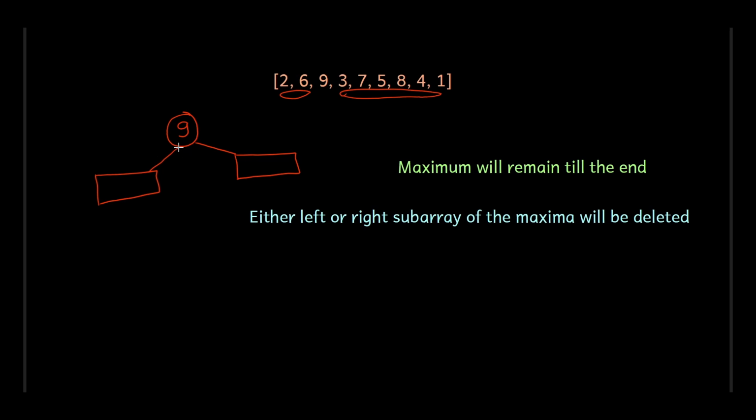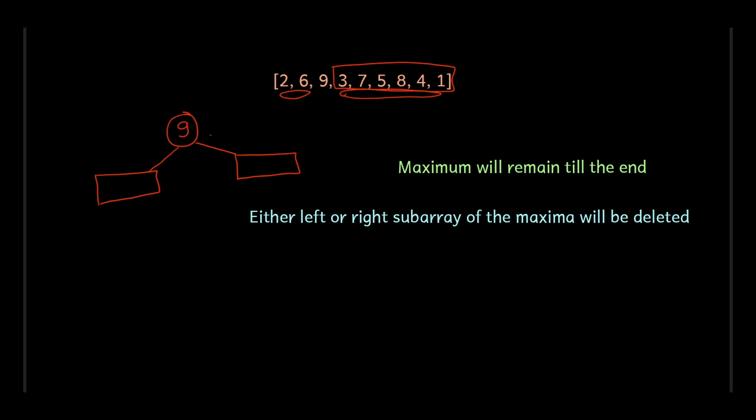So that's fine. Now let's focus our attention on the right hand side. Once 9 is guaranteed to be in the array, you can notice that we still have to solve that same problem in the subarray created from the right hand side. Why?